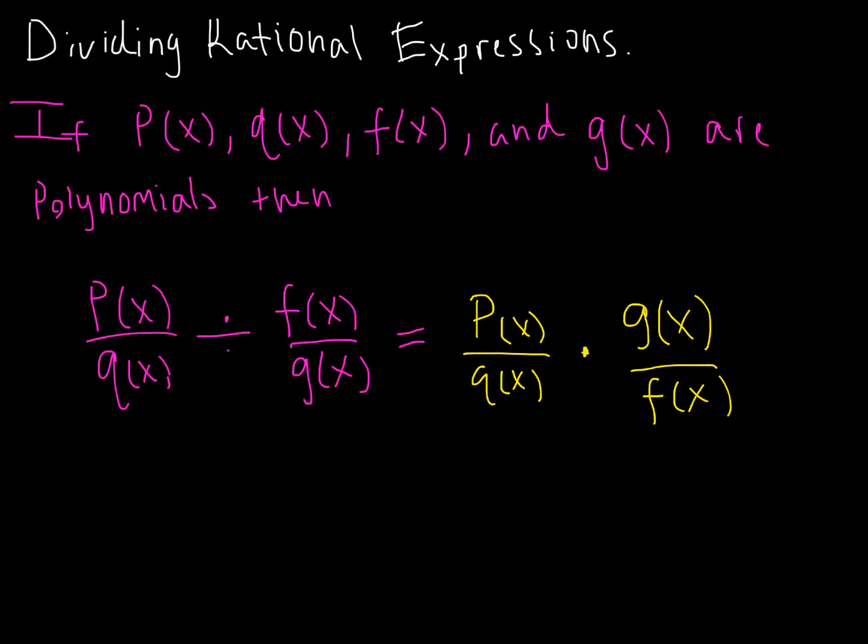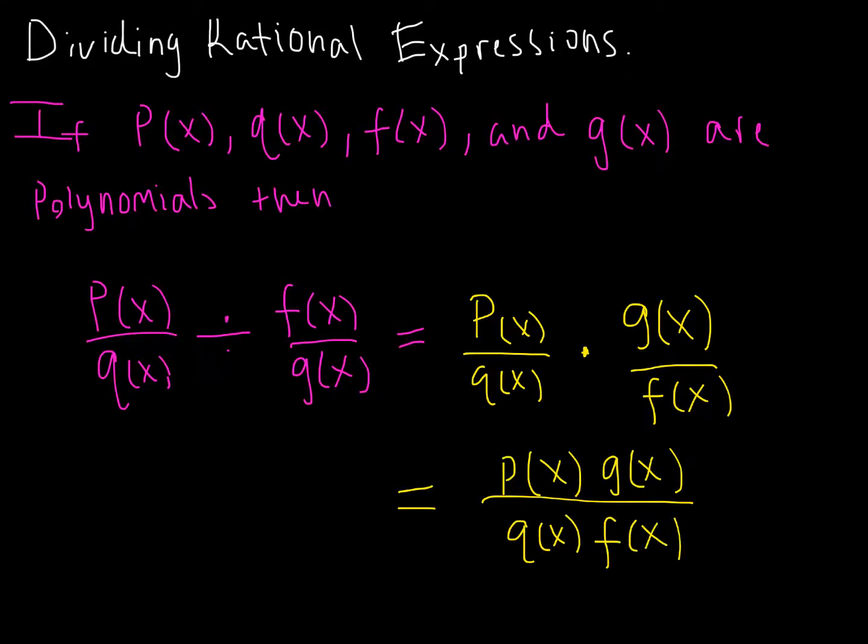Alright, and now we know how to compute this, right? We have p of x times g of x over q of x times f of x. And that will give me my rational expression.